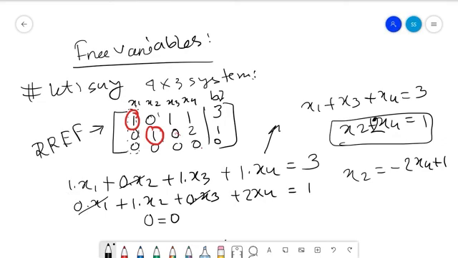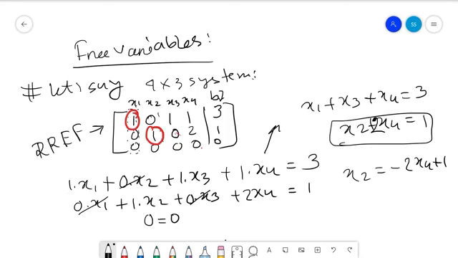And the first equation tells us that x1 plus x3 plus x4 is equal to 3. So from here you can solve for x4 in terms of x2 and put it over here, but then again you would have a combination x1 plus x3, but not x1 and x3 individually.